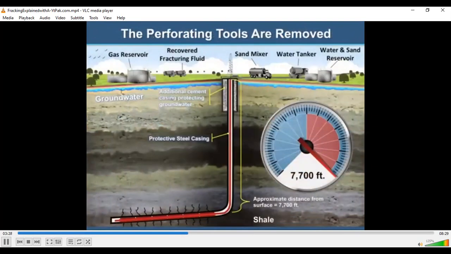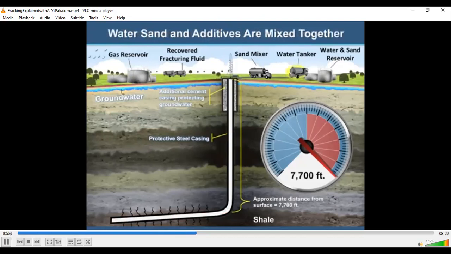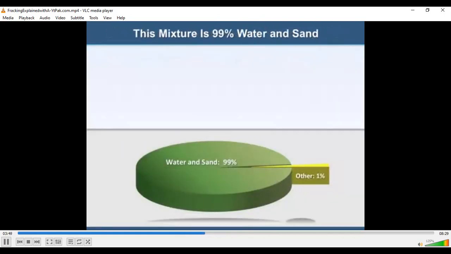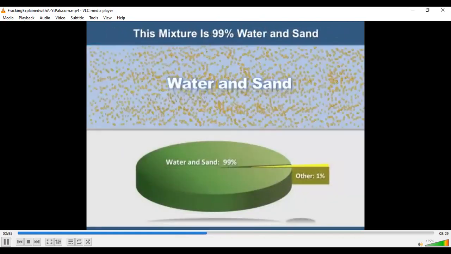Once the fissures are created, the perforating tools are removed and brought to the surface. Water and sand are then blended with additives in preparation for insertion into the borehole. This mixture is made up of over 99% water and sand and less than 1% other additives.